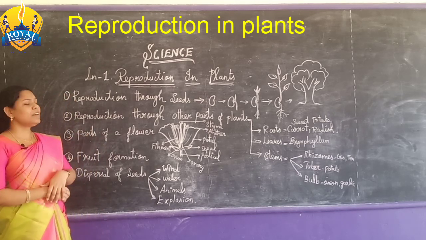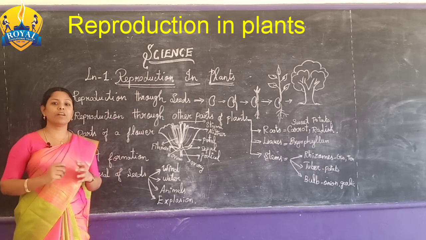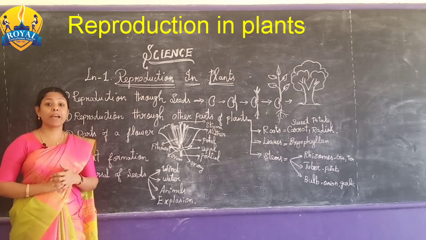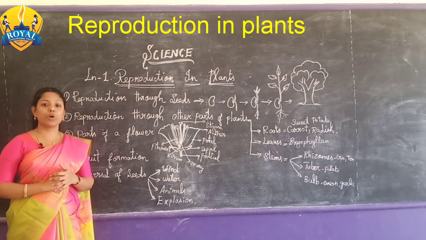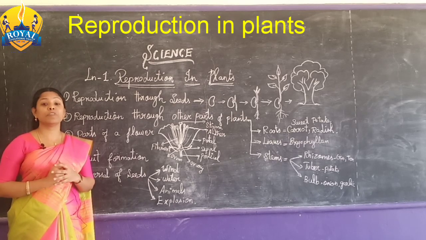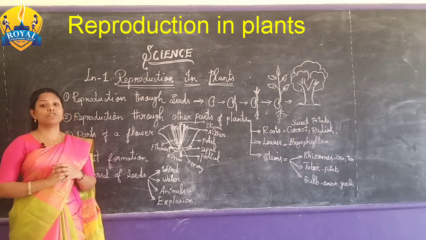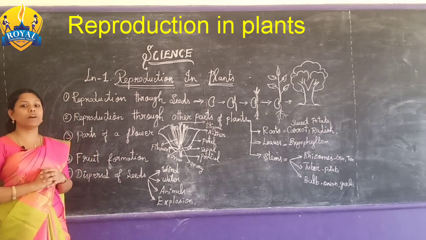In this lesson on reproduction in plants, there are many plants in our world, more than 3,065,000 plants on our earth.